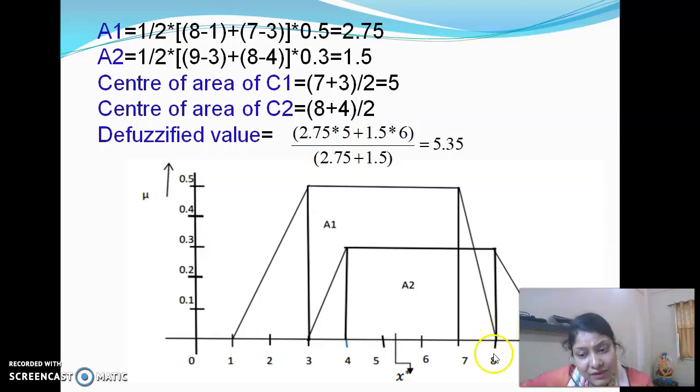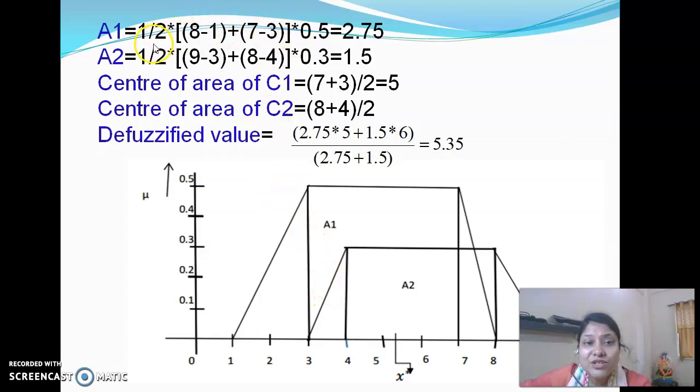So this is the highest value 8 minus 1, the lowest value, plus this is the mid position, or we can say the area where we have the maximum membership value, that is the plateau region. The highest value of this maximum membership area is 7, minus the lowest value of this maximum membership area, that is 3. So now it is very clear what denotes this 8 minus 1 and what denotes this 7 minus 3.